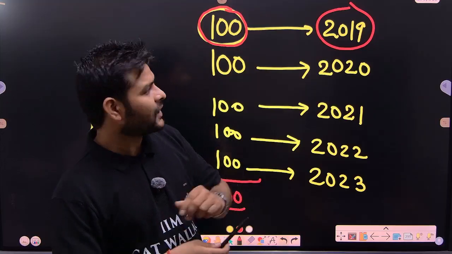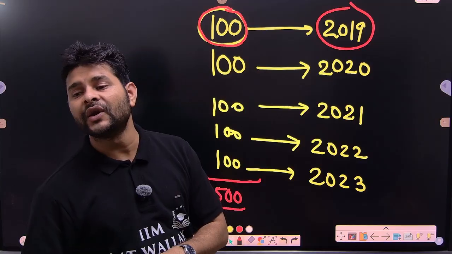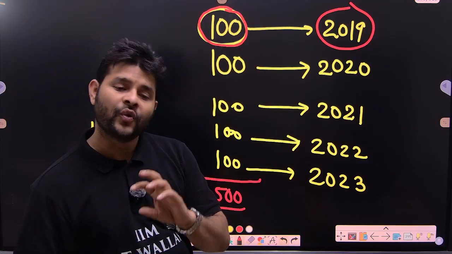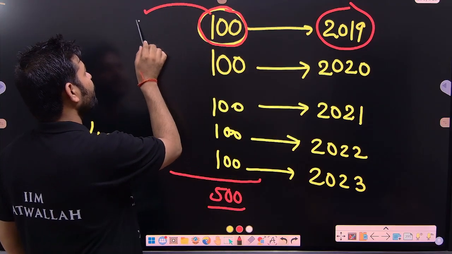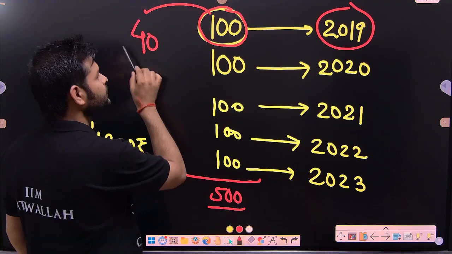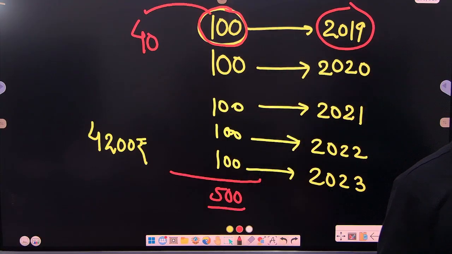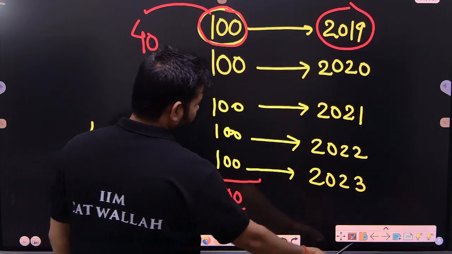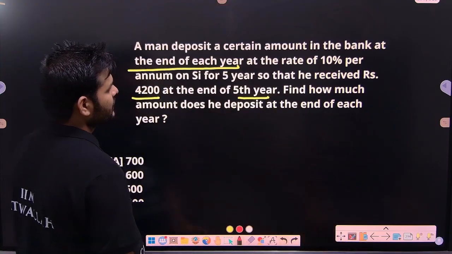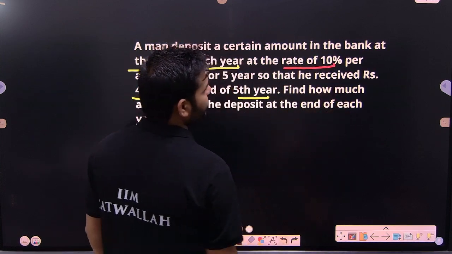So he will get the simple interest on that 100 unit for 4 years. So for 4 years, the simple interest would be 40 units. The reason behind it, rate of interest is 10%. In your question, it has been given that the bank provides simple interest at the rate of 10%.